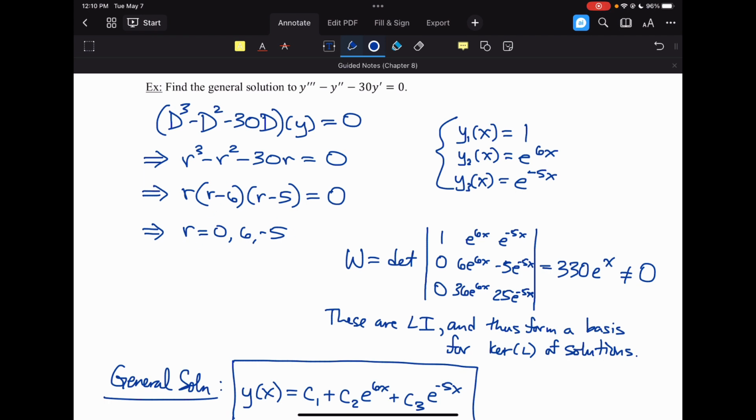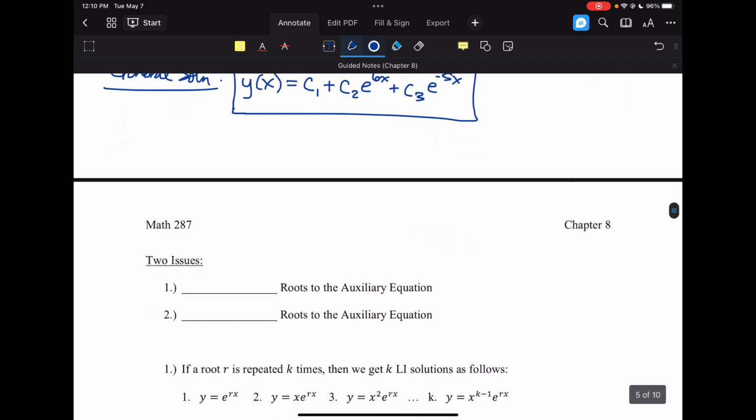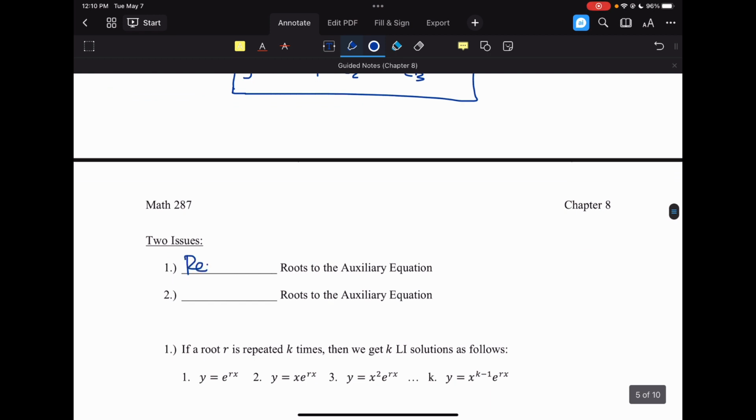The two issues that can come up that have not yet are repeated roots to the auxiliary equation, so you can have a value of r showing up more than once, and complex roots to the auxiliary equation. Maybe the auxiliary equation doesn't factor with integers. If we need complex or imaginary numbers in our solution, that's going to change slightly what our solution looks like.